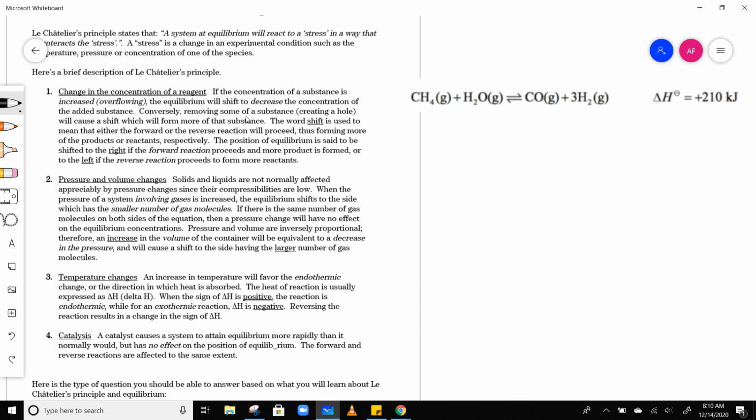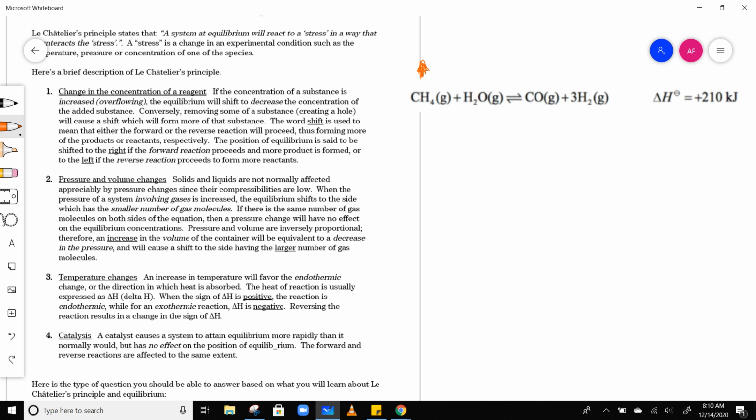So if we have a reaction like this one on the right here, CH4 plus H2O is in equilibrium with carbon monoxide and H2 gas. Its delta H is positive 210, so that means it's endothermic. We'll get to this in a second, but let's deal with this first. So let's say, for example, we artificially add some CH4 to the mixture.